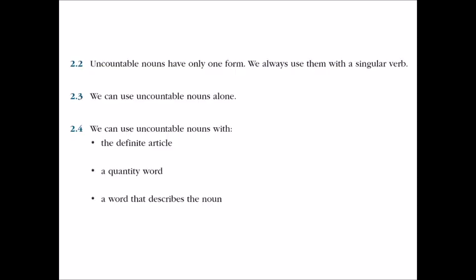Uncountable nouns have only one form. We always use them with a singular verb. For example, the sand is hot. The smoke is toxic. We can use uncountable nouns alone. For example, this song is about love.